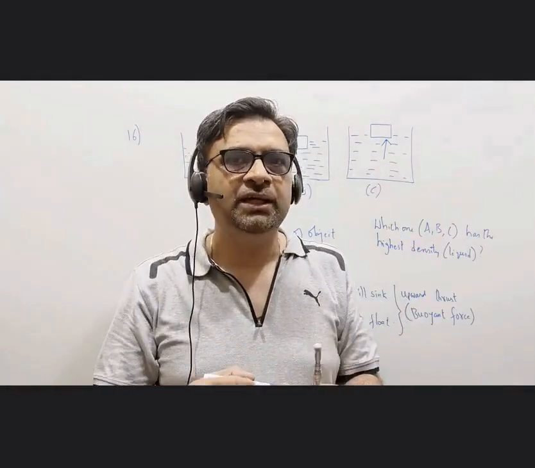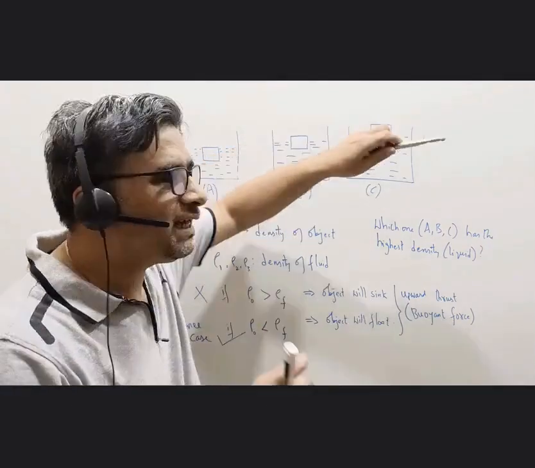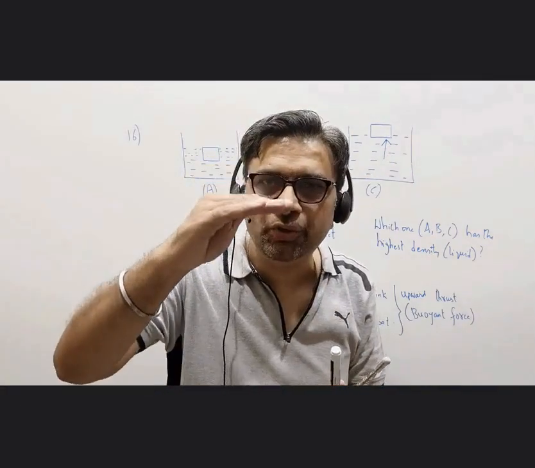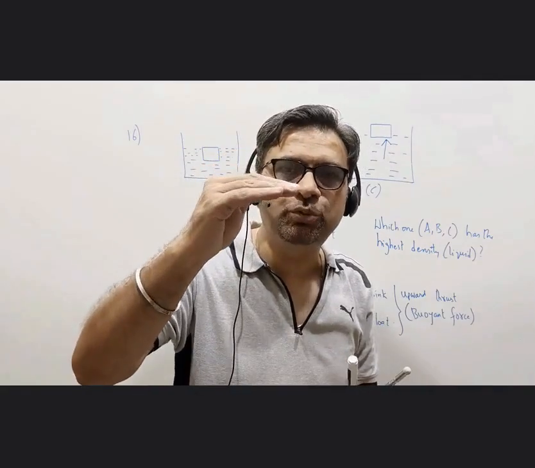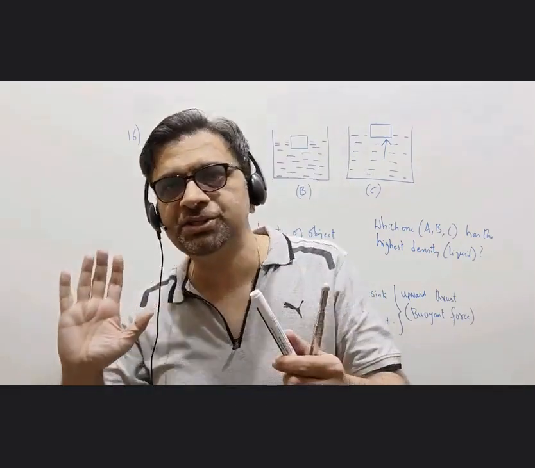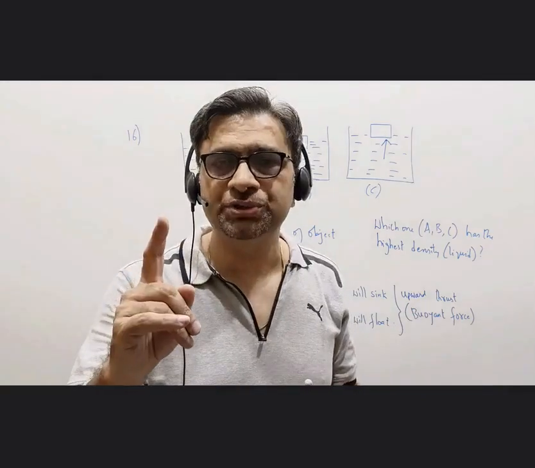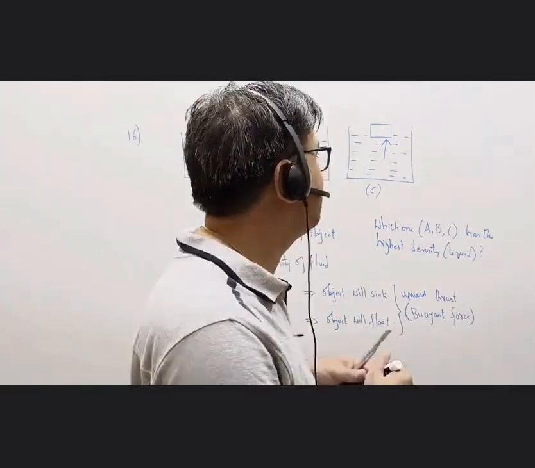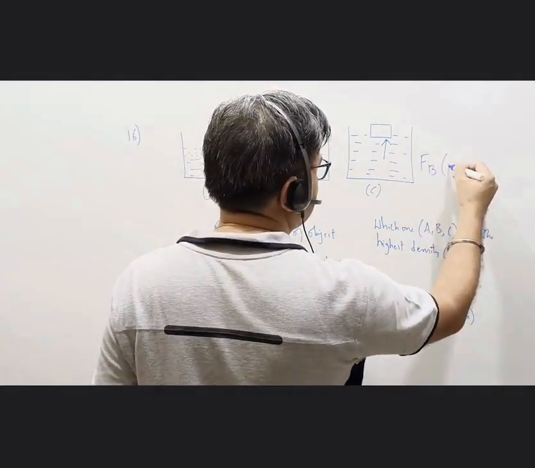Just see that in this case the block has managed to submerge only very little. There is only a very little portion of the block that has got immersed, which means that the upthrust or the buoyant force is the maximum in this case.